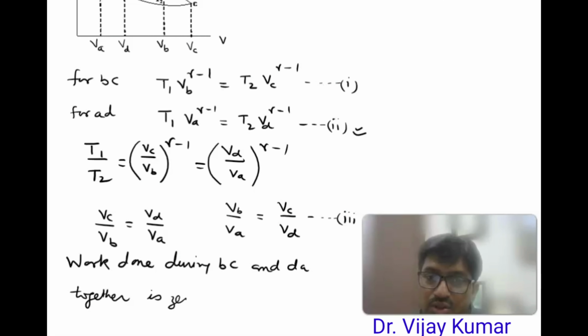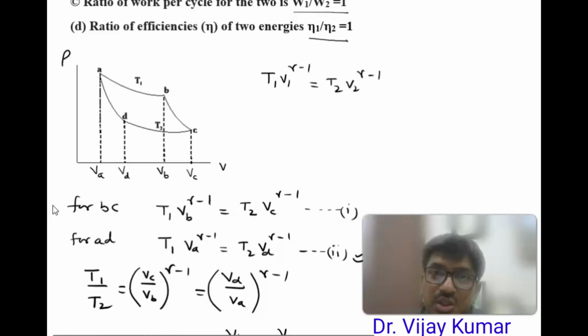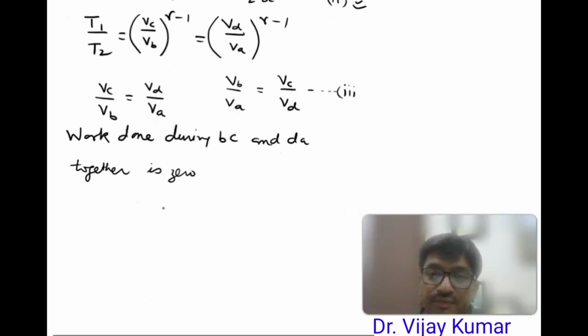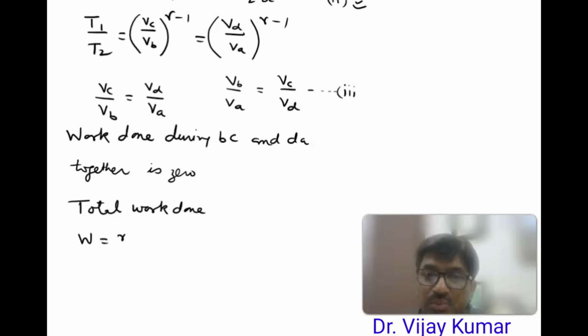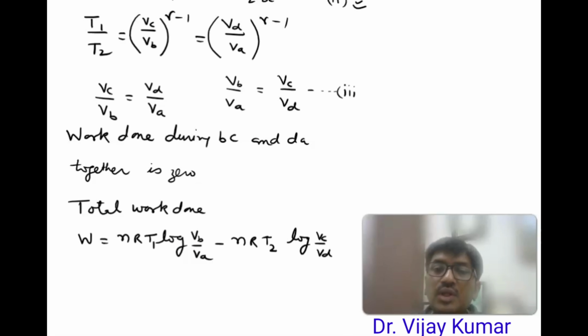So the total work done, we know the formula, W equals nRT1 log VB upon VA minus, it should be T1, and next nRT2 log VC upon VD. This is the total work done for T1 temperature and T2 temperature.